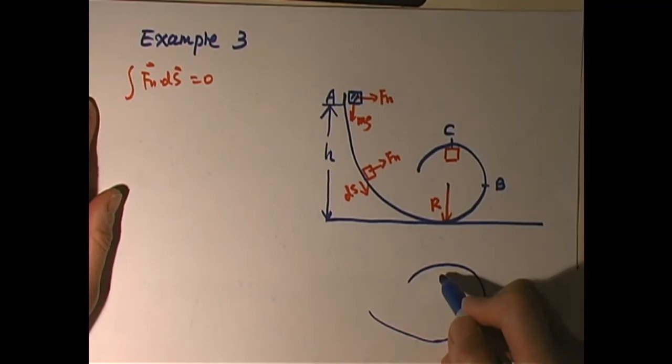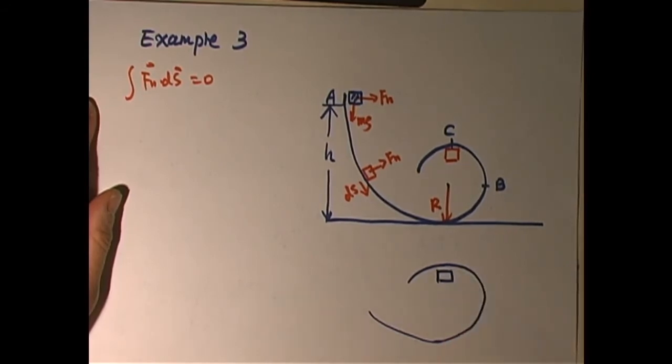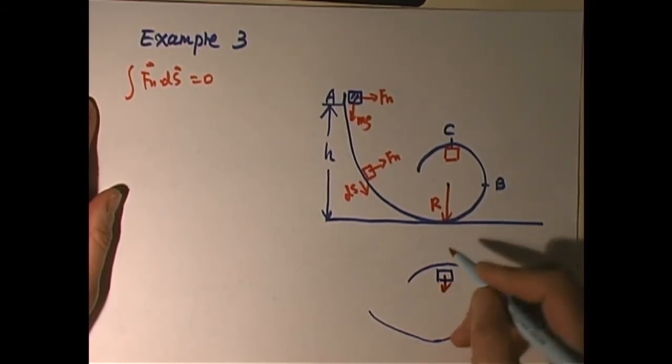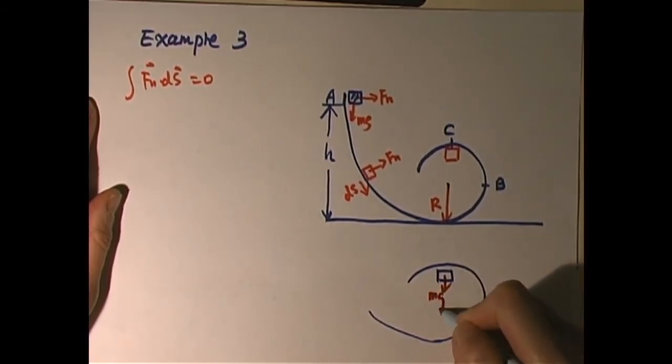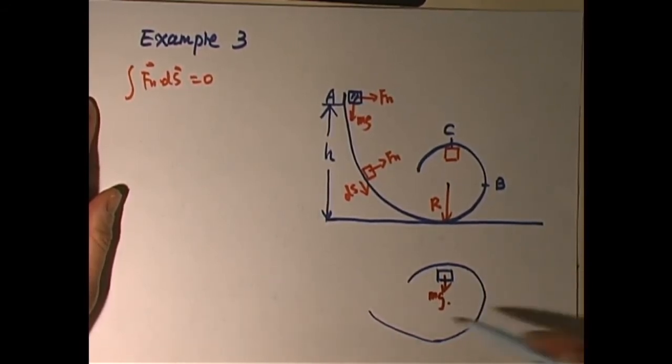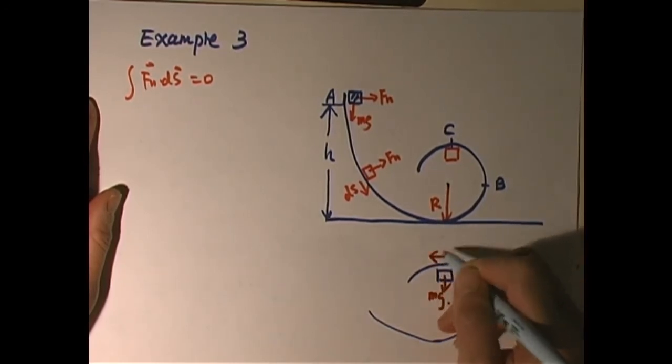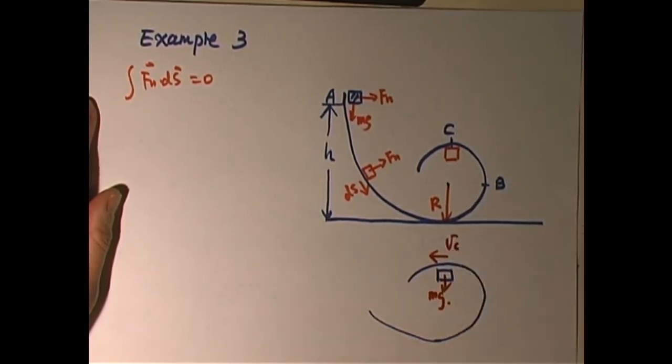So when the block reaches here, it almost loses contact. The only force on the block is mg now. But don't forget, because it moves, it has a velocity here, let's name it v of c. It has a velocity because it does circular motion.